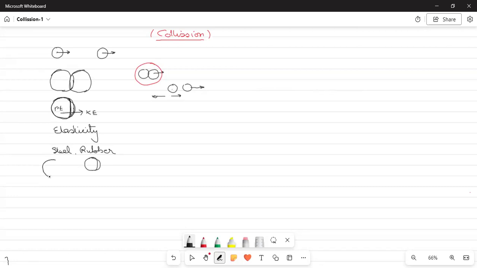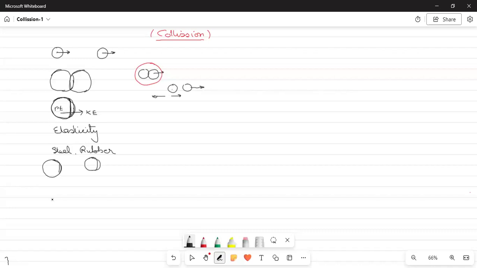Similarly, if you have a steel coil and it gets deformed with a huge force, it will quickly regain its shape. So for practical purposes, steel and rubber are perfectly elastic materials.